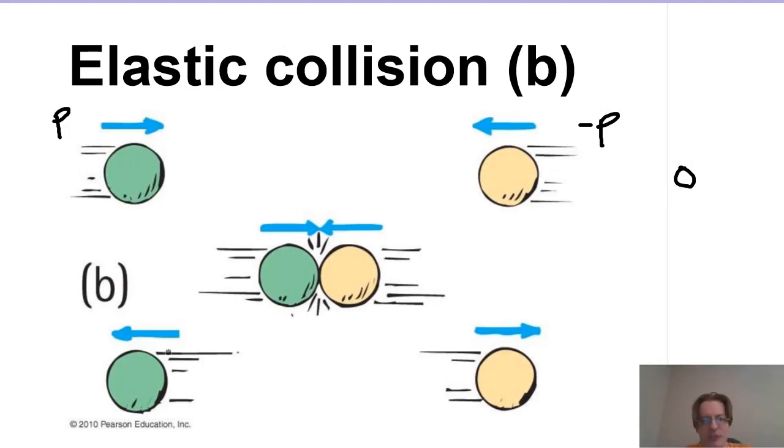After the impact, if the collision is elastic, then this one rebounds with minus p, and this one has plus p instead. And notice that, again, the total amount stays the same. It's still zero. These are just two simple illustrations of the conservation of momentum. It's zero before, and it's still zero after.